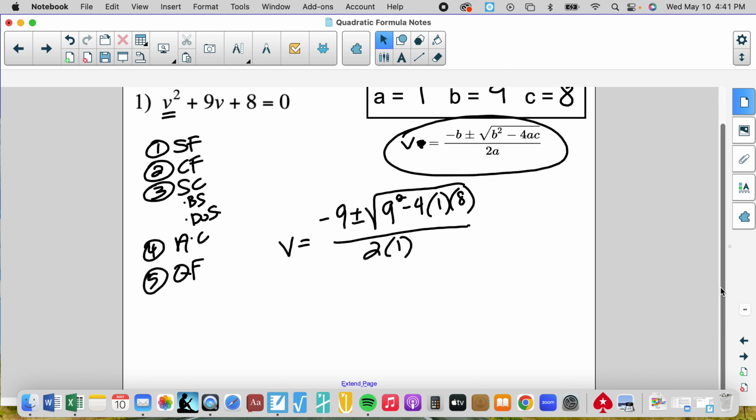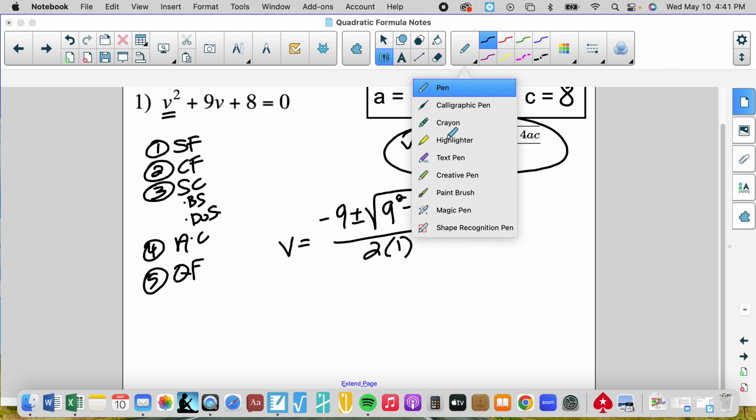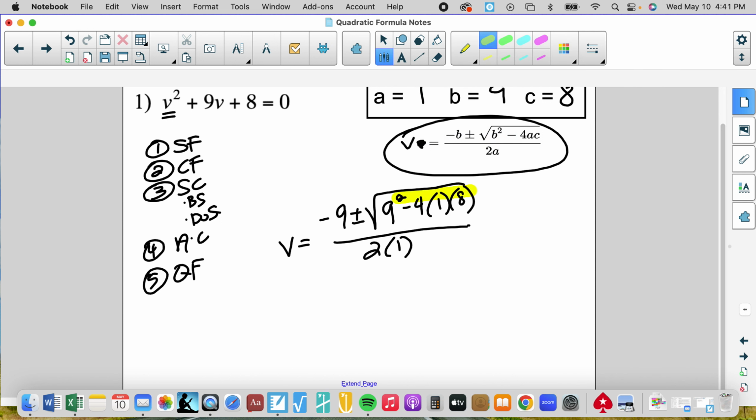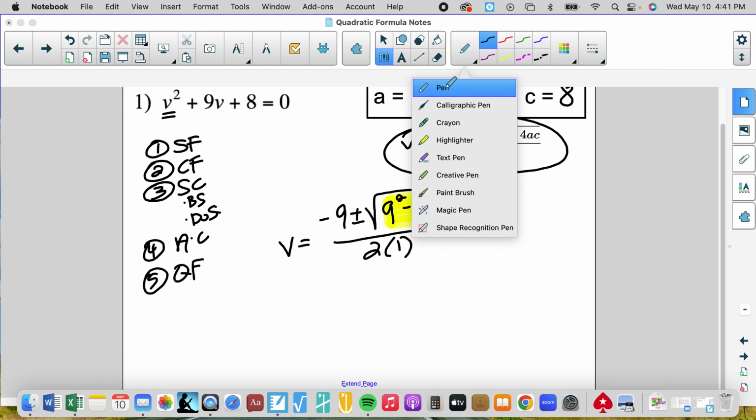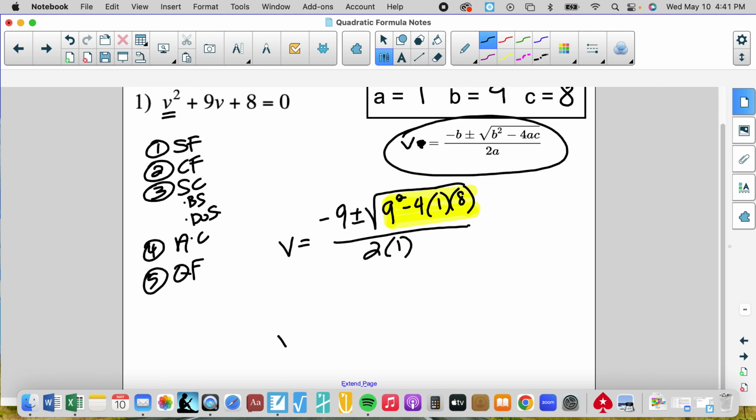So we have to simplify inside the radical. We have to simplify this radical and all the things inside it before we take the square root. So we're going to square 9 because exponents come first. So v equals -9 plus or minus square root. 9 squared is 81. Minus 4 times 1 times 8.